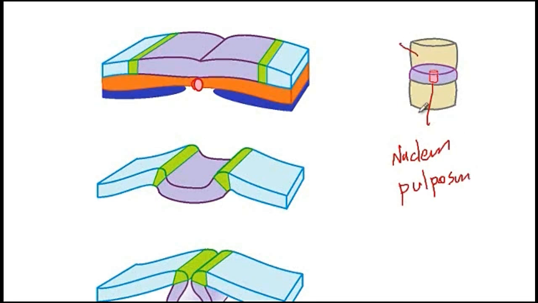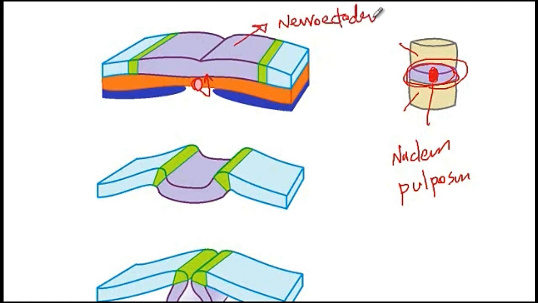So if this is one vertebra and this is another one, the vertebral disc is right in the middle, and the center of it is made by the notochord. Now, another function of notochord is that it sends signal to the ectoderm to cause differentiation, and it will cause formation of the neural plate, which is composed of the neuroectoderm.